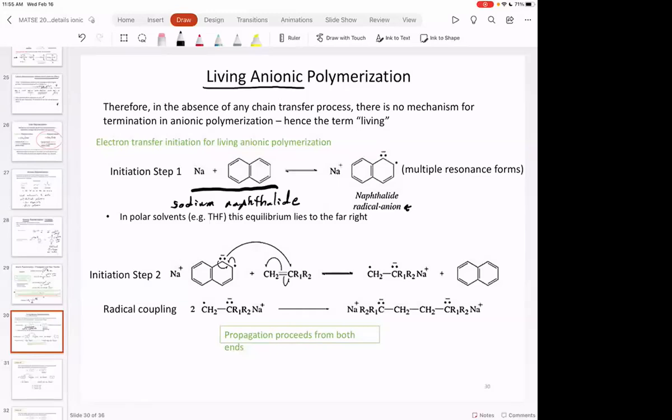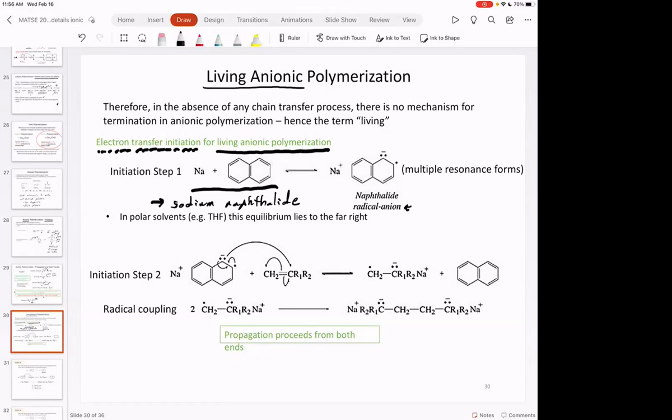And so one of the main things you need to know on this slide is that if you want to do living anionic polymerization, you want this sodium naphthalide, which is a type of electron transfer initiator. I think I have a question on that either in the PLAs or in your future work. Electron transfer initiation gives living anionic polymerization. We haven't talked about electron transfer initiation up to now, so this is a special one. And this is why we're going to spend some time with living anionic.